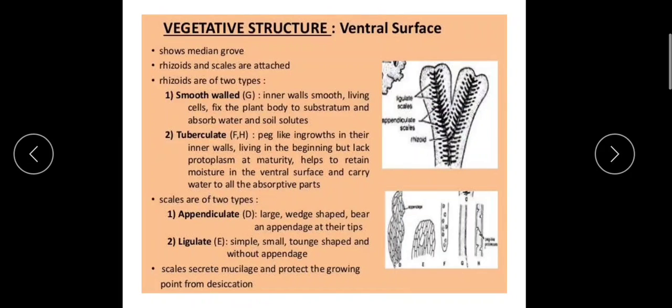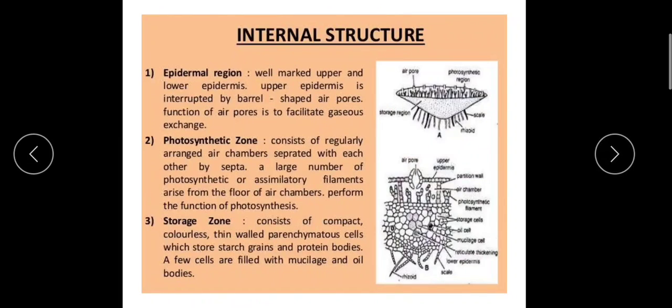Coming to the internal structure, internally the thallus has three distinct regions: the epidermal region, the photosynthetic region, and the storage region. The epidermal region includes the upper and lower epidermis. This is the upper epidermis, this is the lower epidermis.